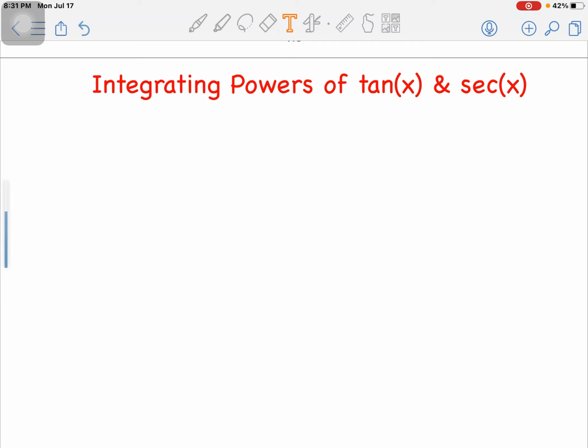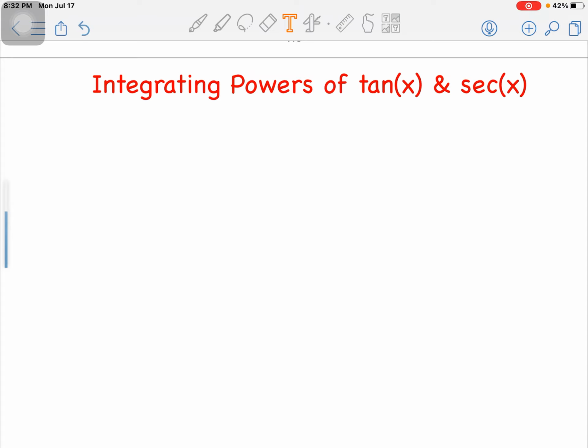So that is how we do it. Keep in mind that integration is the reverse of differentiation. If you know the derivatives of these basic trigonometric functions, which are tan x, sec x, ln of sec x, and others, you will be able to do the reverse as well.